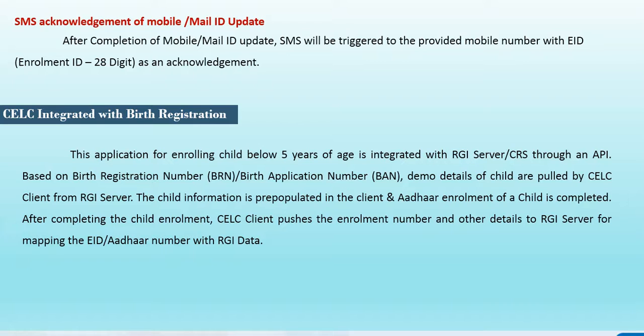So what is the benefit of this BRN number? If we use this BRN and BIN number in the CLC client, it will fetch the children's details from the CRS software like name, gender and date of birth. So it will auto populate from the CRS software to the CLC software. So there is no need for typing manually in the CLC.